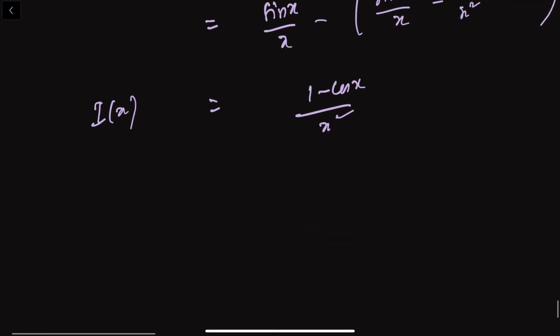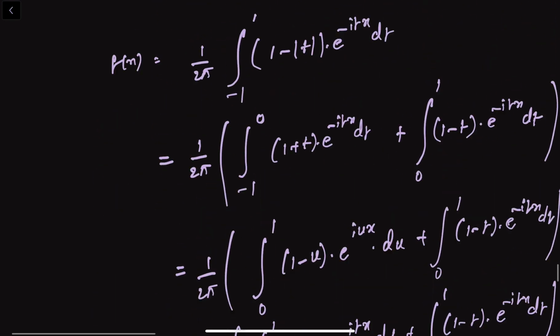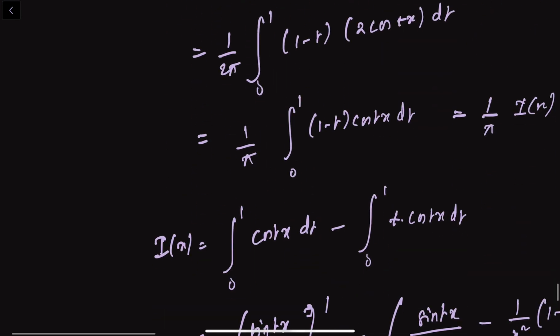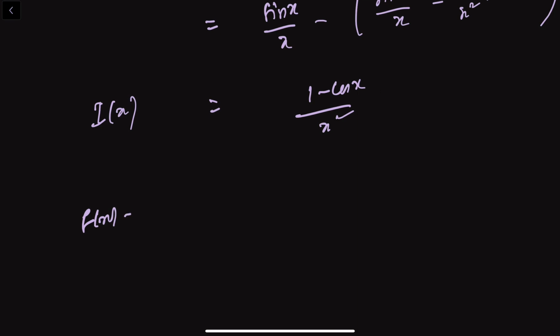So that means our integral here, if we compute, that is our f of x. So f of x is 1 by pi into I of x, and I of x we have computed as 1 minus cos x by x square.